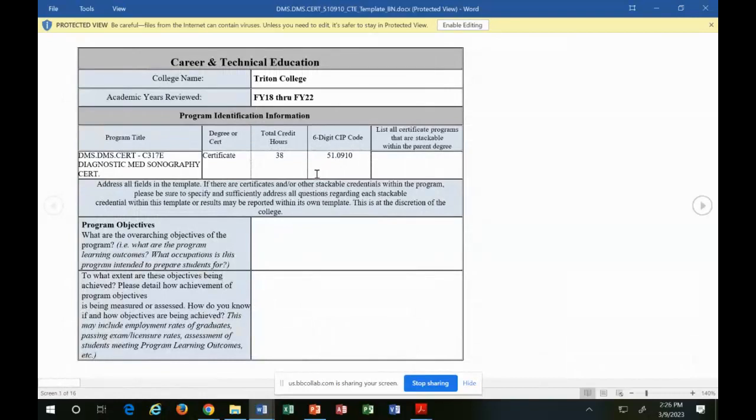So we're going to go through a CTE template. So Bill, of course, you're going to do this. Yeah, I am. This is a template that has been provided already as a file that was sent. All the templates for CTE look familiar in that the program title is already given to you, whether it's a degree or a certificate. So the first pages are filled up already.